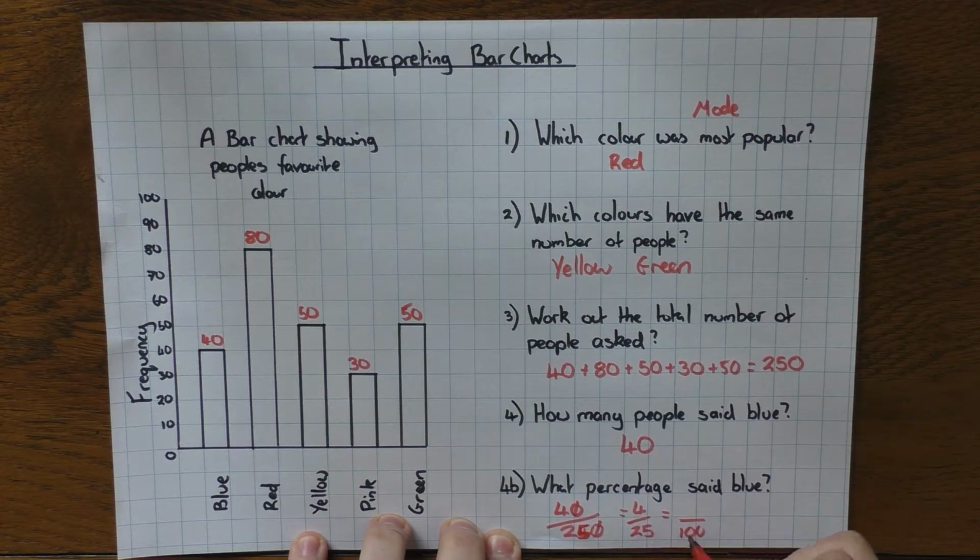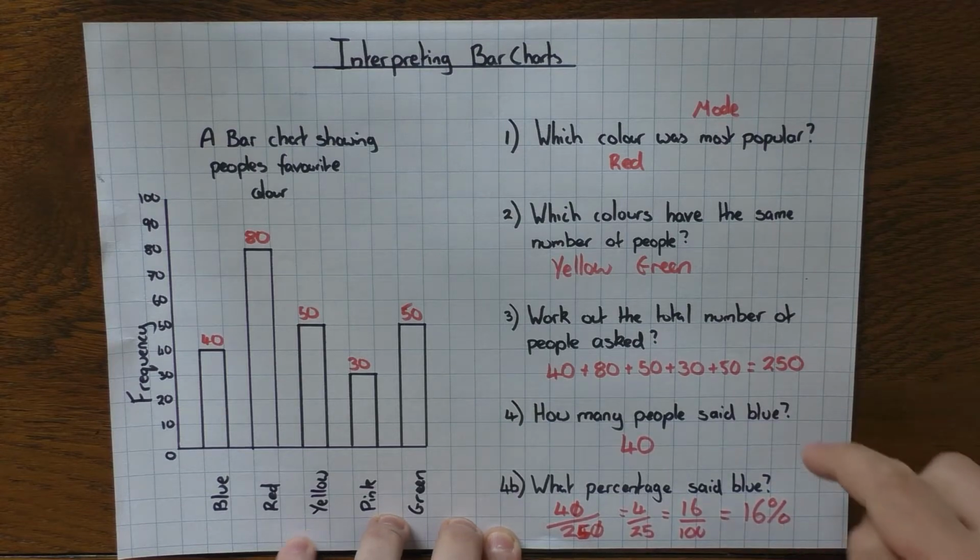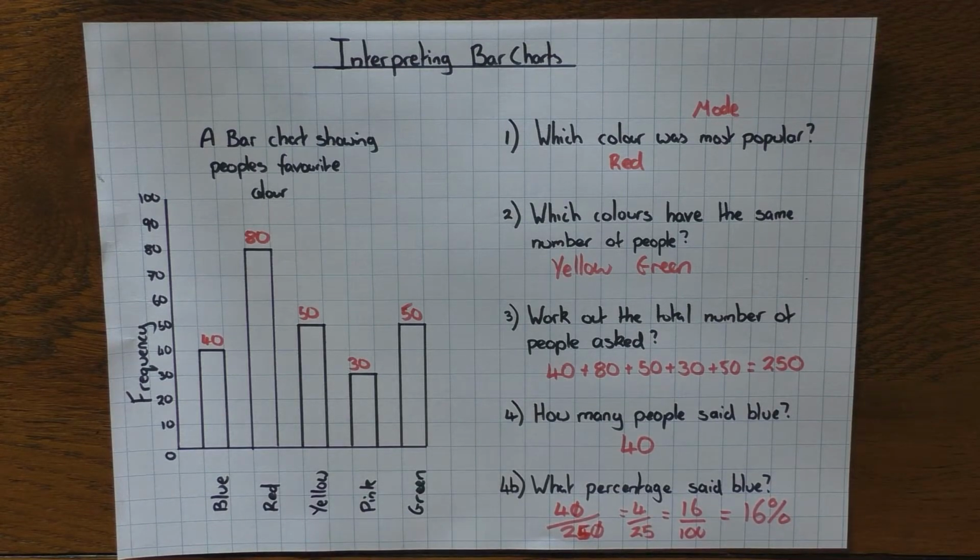So 25 times by 4 gets me over 100. And then do the same thing to the top. So times by 4, times by 4. 4 times 4 is 16. 16 over 100 is 16%. Okay, so they might just ask you something a little bit extra to test percentages, but within the context of bar charts.